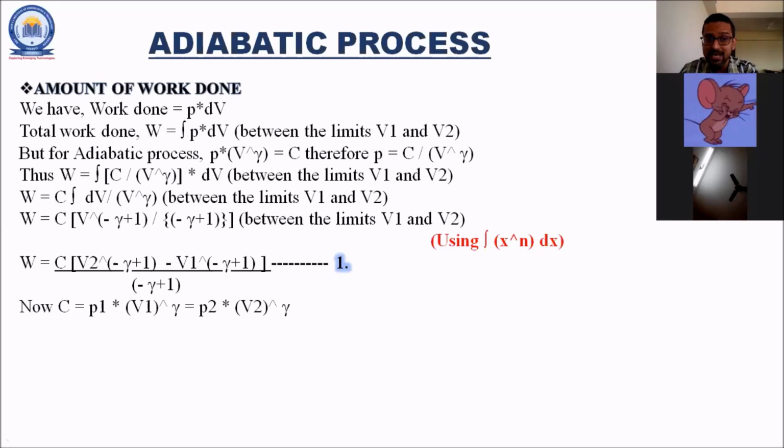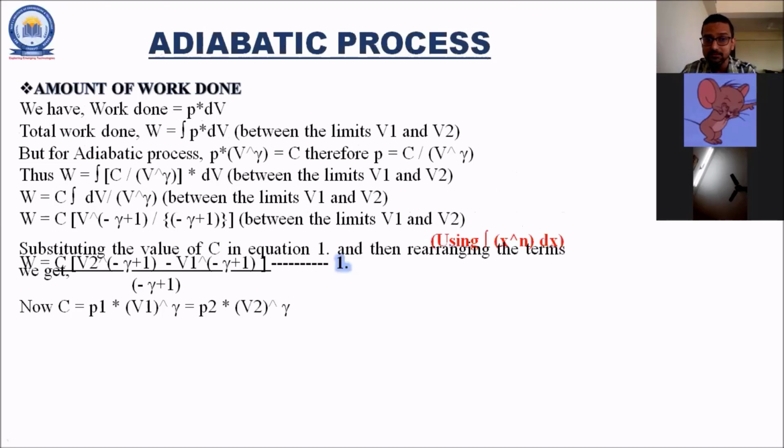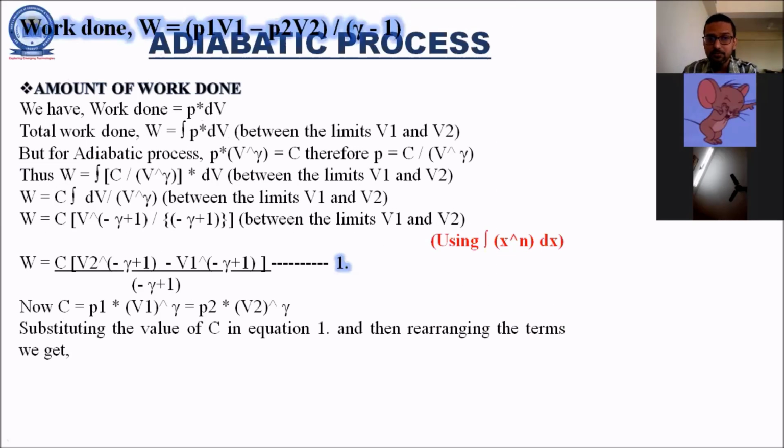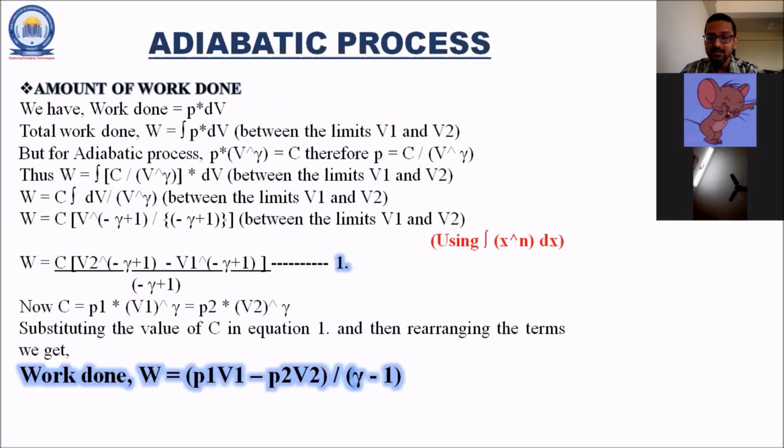Both those V2 terms will be cancelled. Similarly, in the second bracket, V1 raised to gamma and V1 raised to minus gamma, both these terms will be cancelled, and finally you will be getting this type of answer upon rearranging the terms. That is, work done W is equal to P1V1 minus P2V2 upon gamma minus 1.